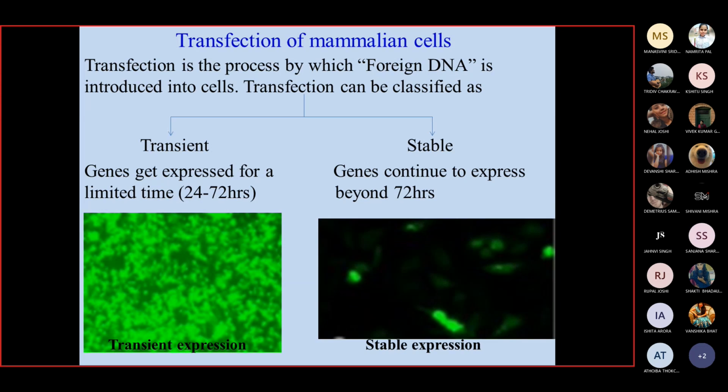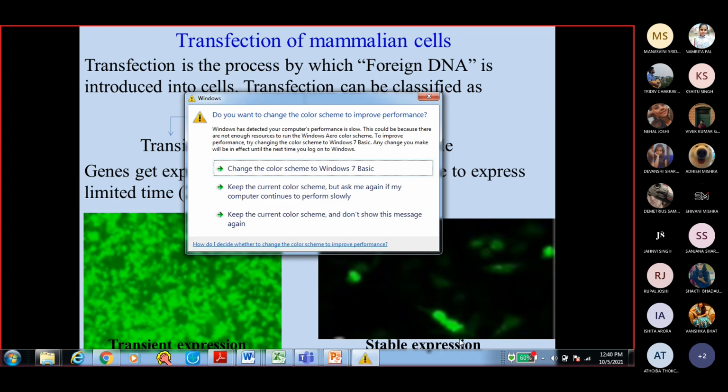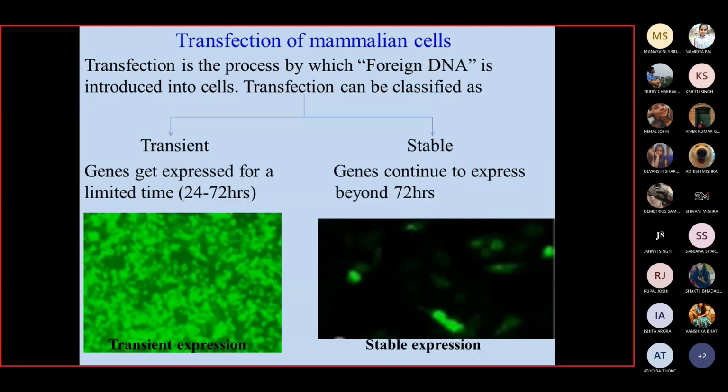Okay. That's how the picture looks. Stable and transient transfection. This is a mammalian cell line that has been transfected with green fluorescent protein. So you can actually see in transient transfection, literally more than 90% of the cells have taken up the green fluorescent protein, and it fluoresces very brightly.